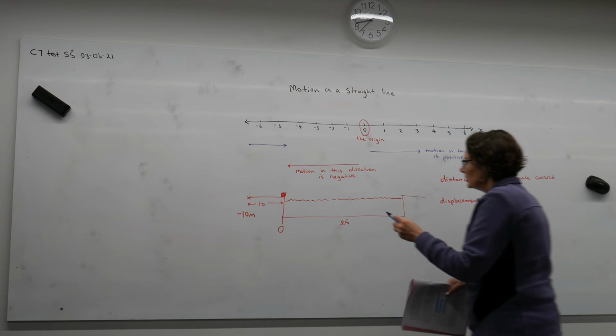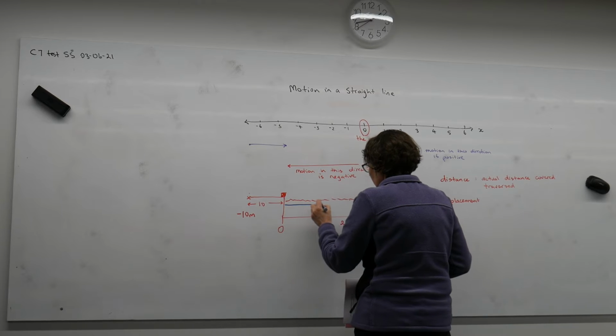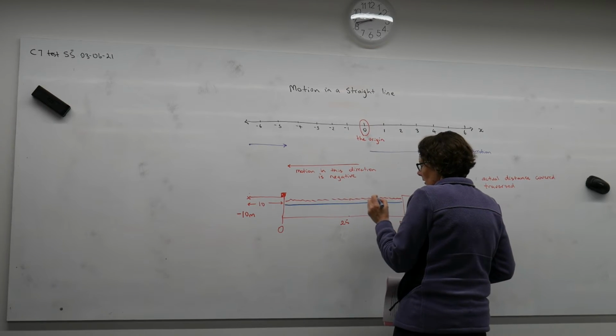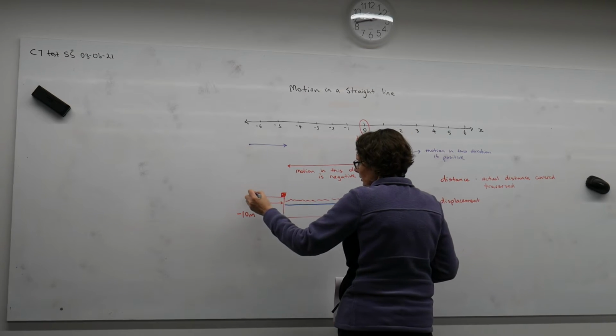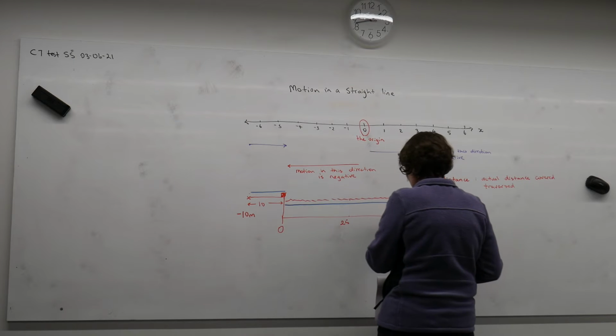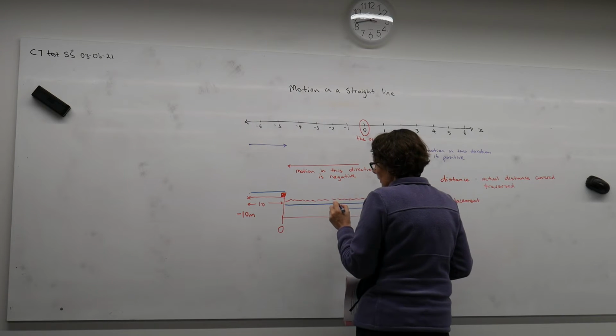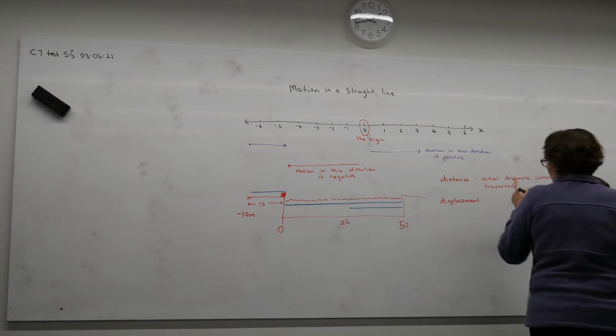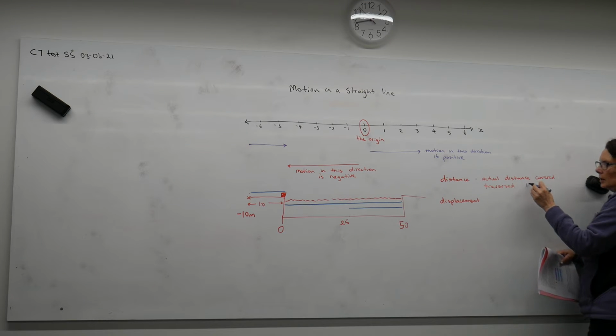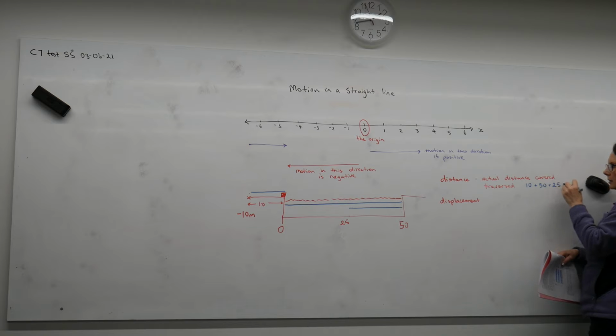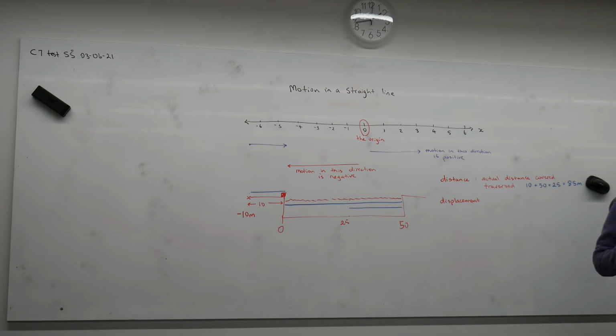So if she swims this, and in fact, if we say that she started out by warming up, then her distance would be 10 plus 50 plus 25 is 85 metres at this moment in time. Is that fair enough?